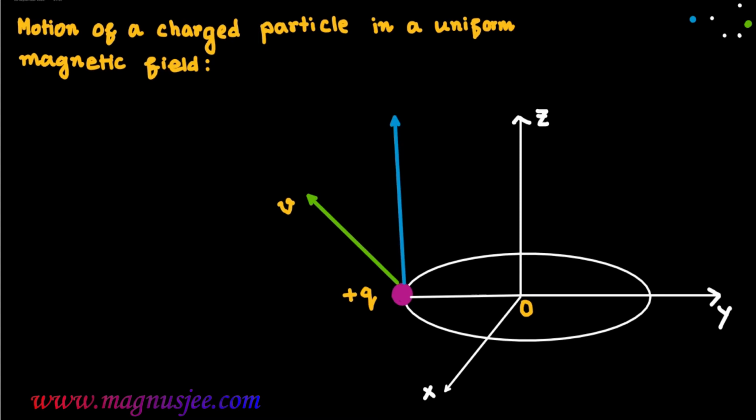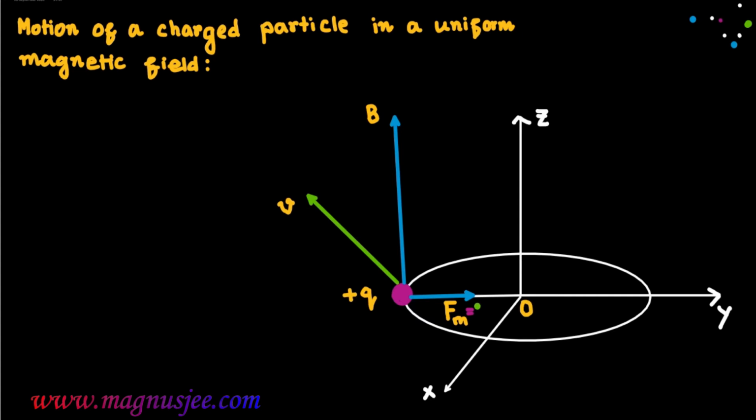A magnetic field B acts parallel to the z-axis and perpendicular to the direction of motion of the charge. The charged particle, plus Q, will experience a magnetic Lorentz force Fm towards the point O in the xy plane, along the y-axis.